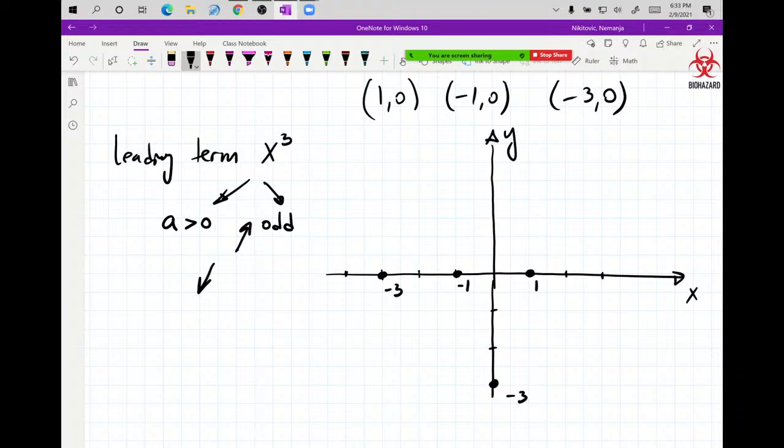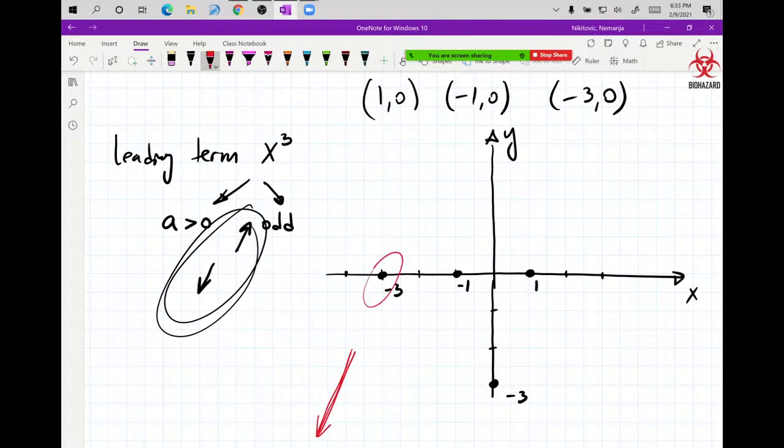So now I have this behavior. I get to draw this to the left of the root and draw the other arrow to the right of the other root. So now we need to connect this end with the other end up there, going through all of these points somehow.